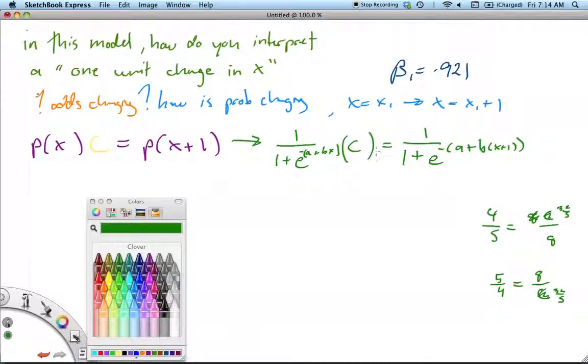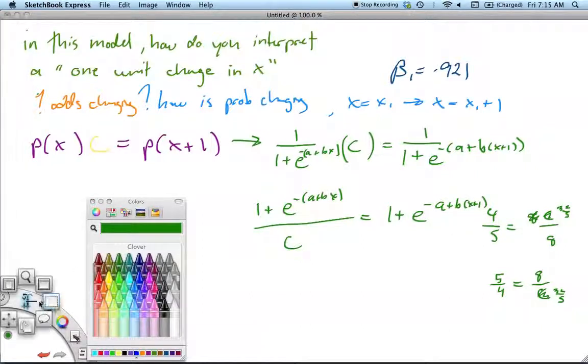So here's what I'm going to say. I'd rather work with this. I'd rather say 1 plus e to the negative a plus bx over c is equal to 1 plus e to the negative a plus bx plus 1.